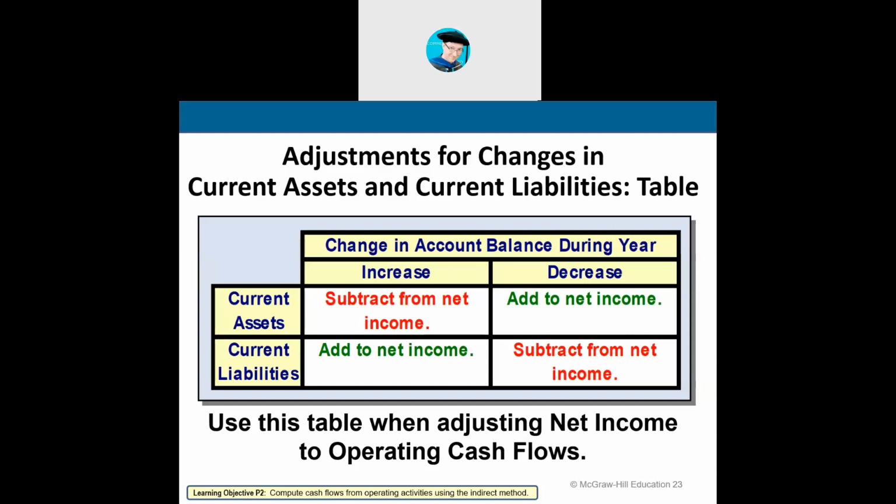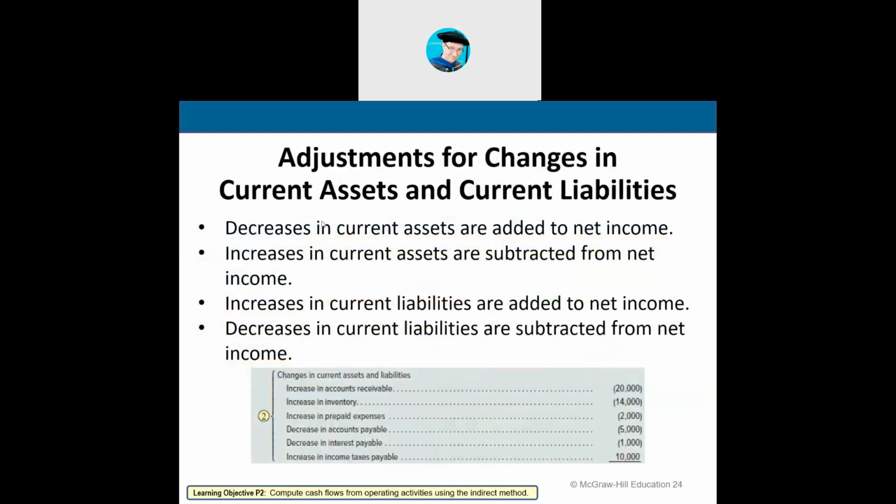For current liabilities, if the current liabilities are increasing, we add to net income. If they're decreasing, we subtract from net income. And this, of course, is all part of the indirect method. And that's the second step for computing it, using the indirect method.